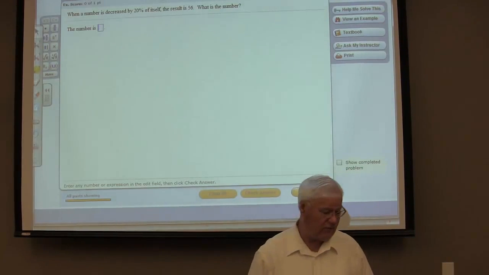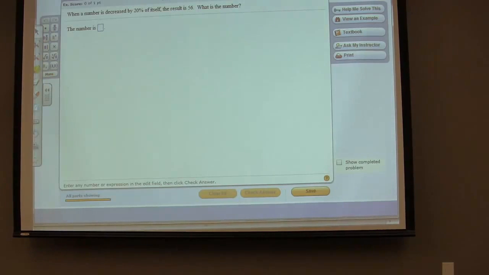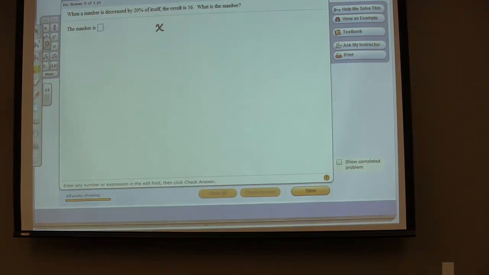So let's see if we can write that out. Let's use x for our number. We often do that when the number is unknown. So x is decreased. We're going to subtract something from it. What are we subtracting from it? We're subtracting 0.20 times it.